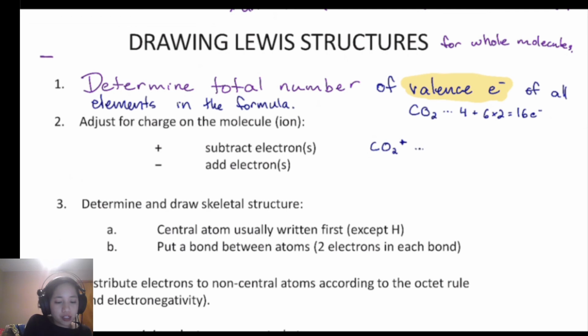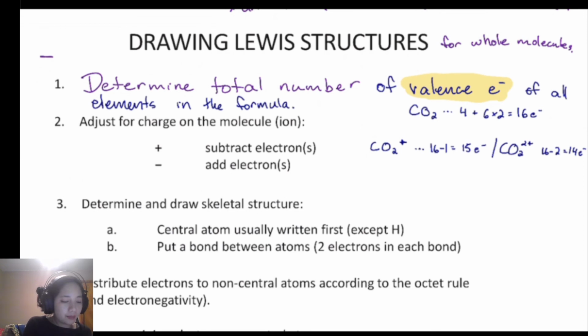So for CO2 plus, we would do 16 minus 1 equals 15 electrons. Or if this was CO2 2 plus, these things actually don't exist, in order to get a 2 plus charge, we need to remove 2 electrons. So you're going to do 16 minus 2 equals 14 electrons.